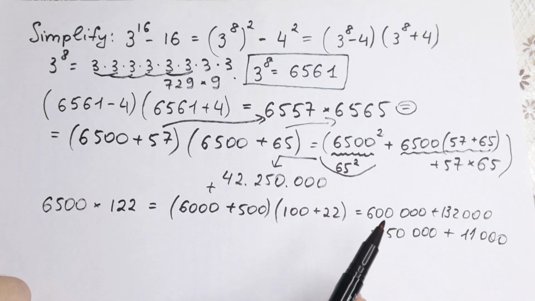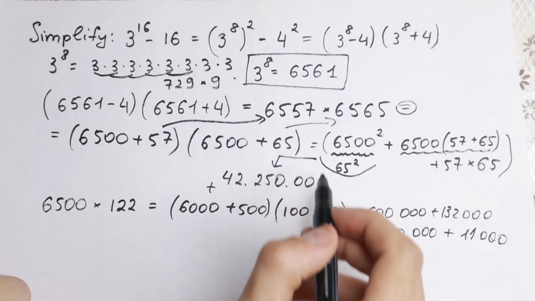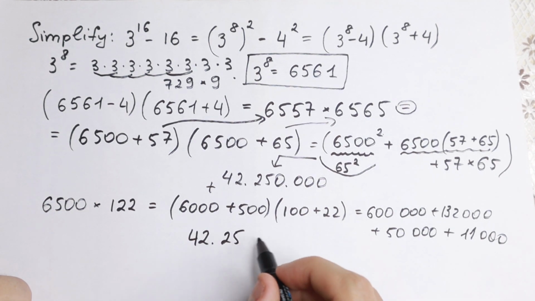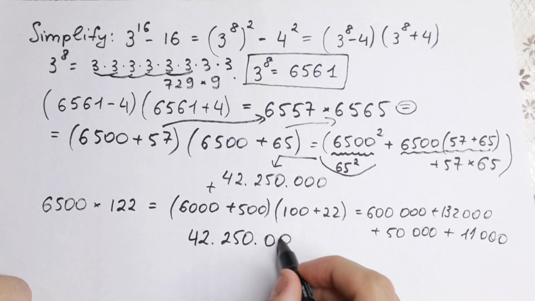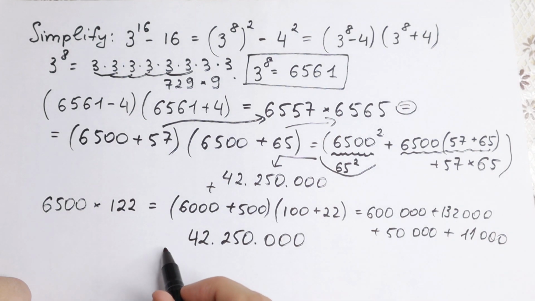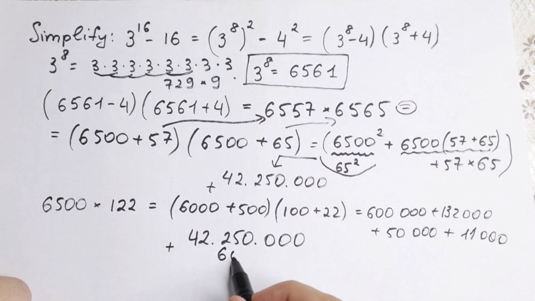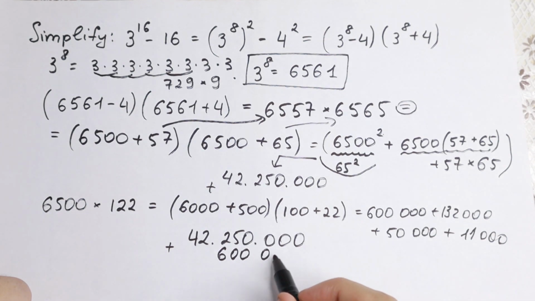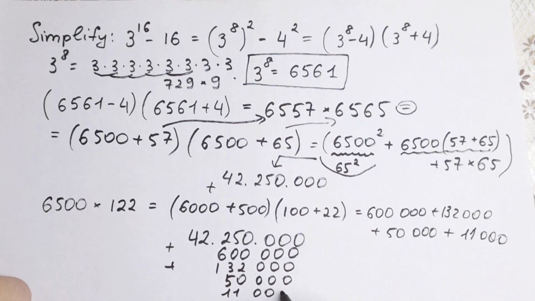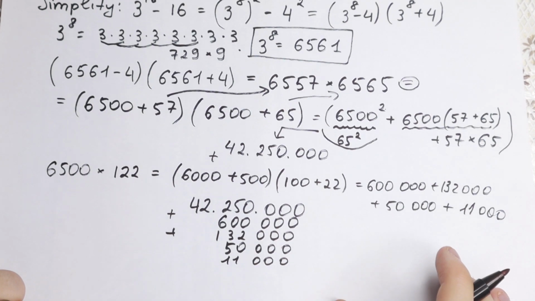But at first I want to write this first element. We have right here 42,250,000. If we add all of this, let's write all of these elements: 600,000 plus 132,000 plus 50,000 and plus 11,000.